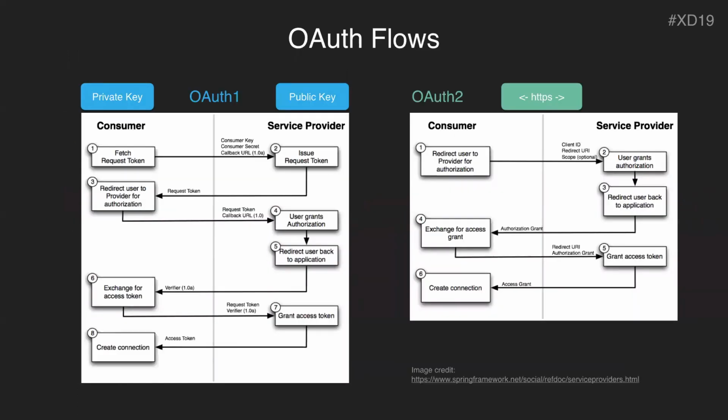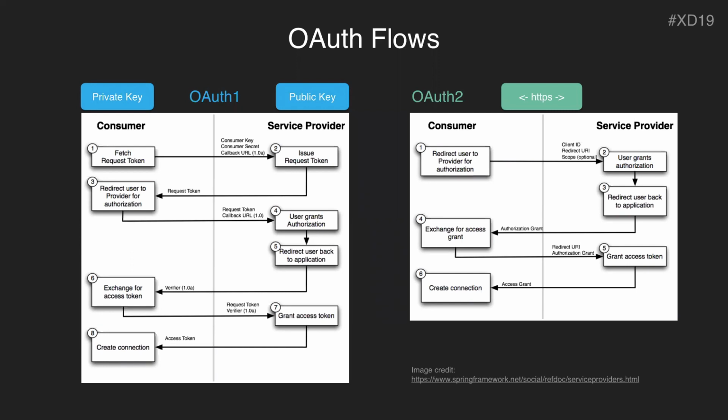In terms of the authorization flow in 1.0A, as we talked about before, you've got a private key, public key pair that is generated as a result of the certificate file for OAuth 1.0A. There's a significant amount of handshaking required to do that: your request token, a verification, and ultimately an access token delivered.